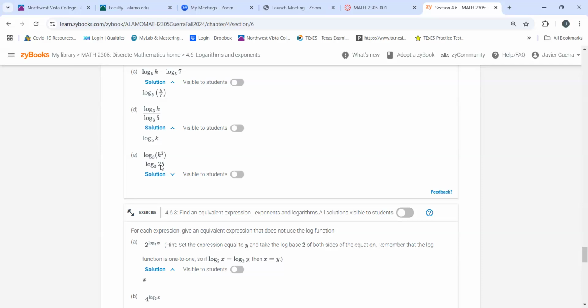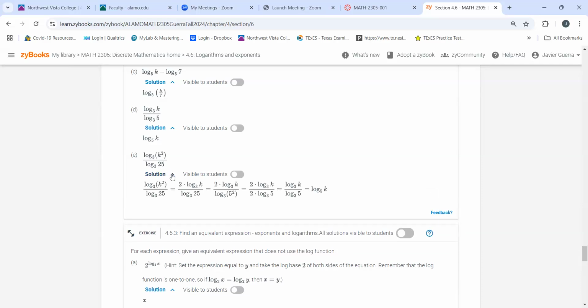They have the same bases, so I guess, I don't know, the 2 goes in front. 2 log base 5 of k. I can rewrite this as 5 squared. The 2 goes in front. The 2's go away. Therefore, I have this component. Oh, that's a change of base. So that becomes that. Very interesting.